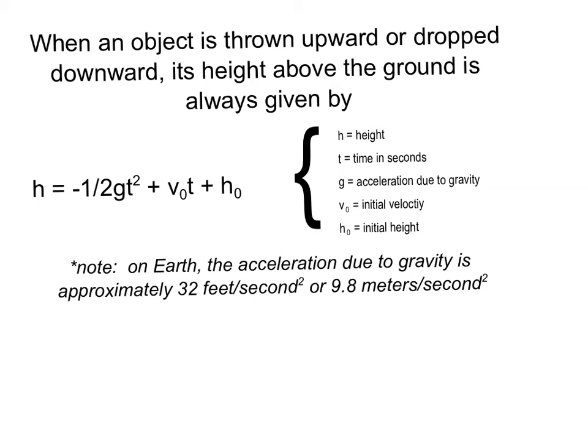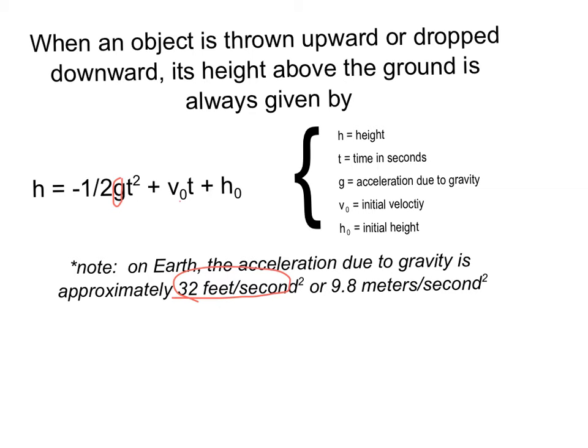All right. So this is just kind of a general explanation. I'm not going to make you memorize this. You will have to know this when you get to physics, if you take physics. So this is a general equation based on gravity. So 1/2 gravity t squared plus initial velocity t plus initial height. So the gravity due to gravity is 32 feet per second, or 9.8 meters per second.